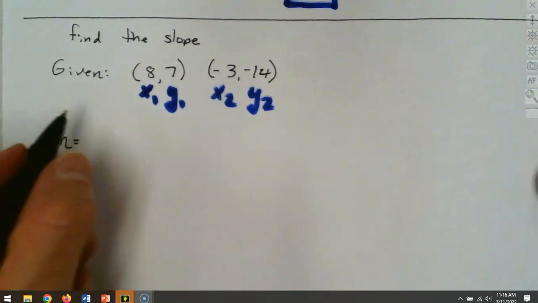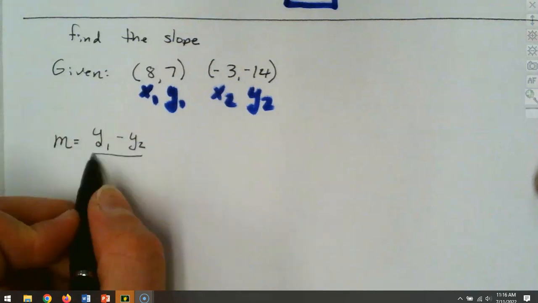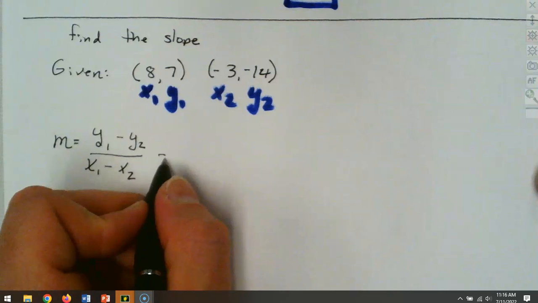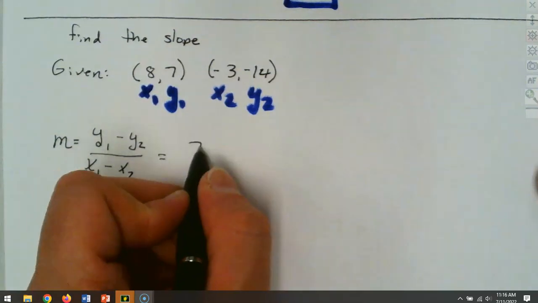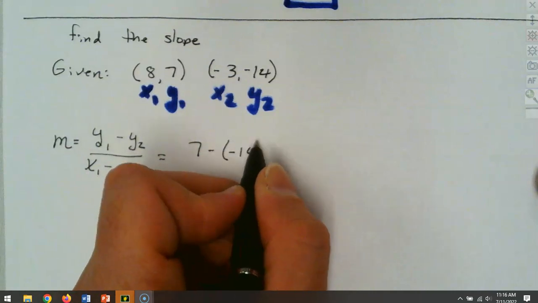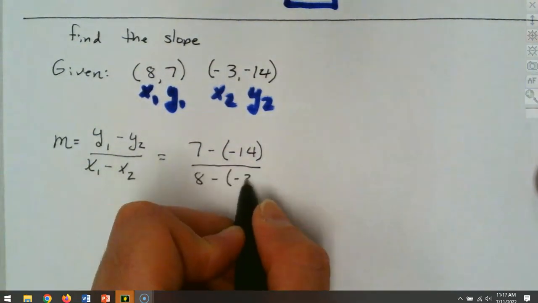So then you've got m equals y1 minus y2 over x1 minus x2. And I fill them in, so that's 7. Now watch your signs here. Minus a minus 14 over 8 minus a minus 3.